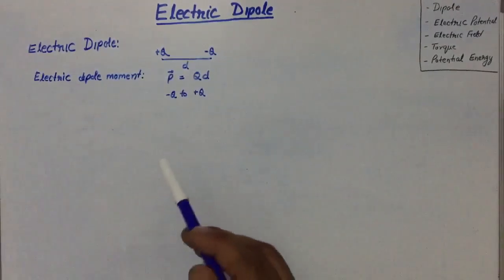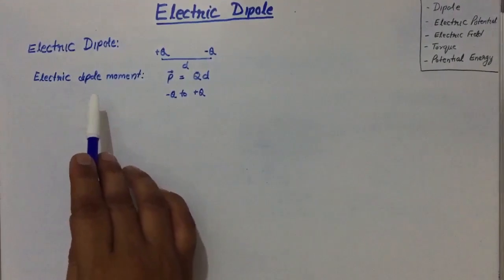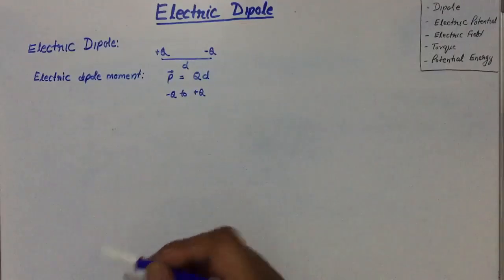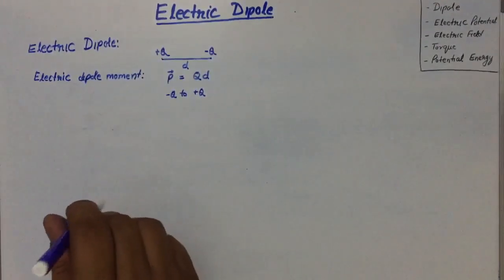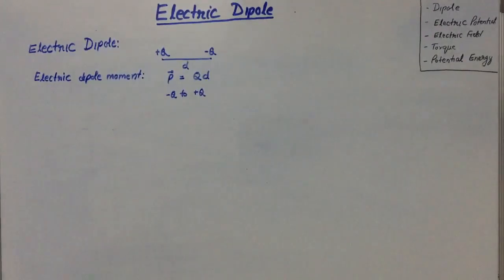Now, if we know these basics about the dipole and the dipole moment, then the terms that we have defined in the case of point charge, line charge, or different arrangements of charges, we have to define here in the case of the electric dipole system as well.